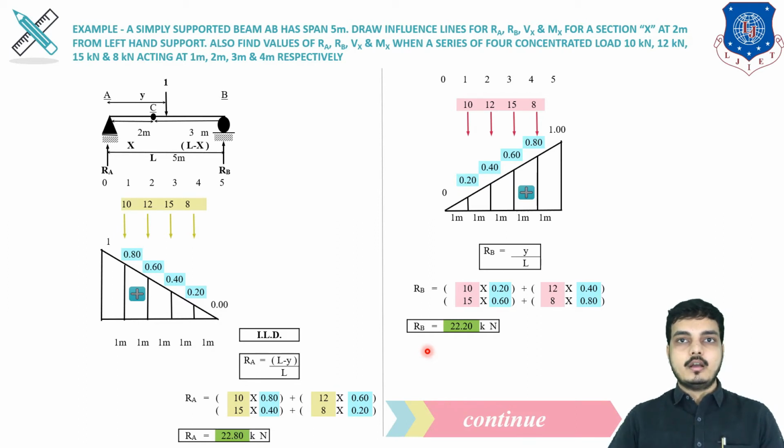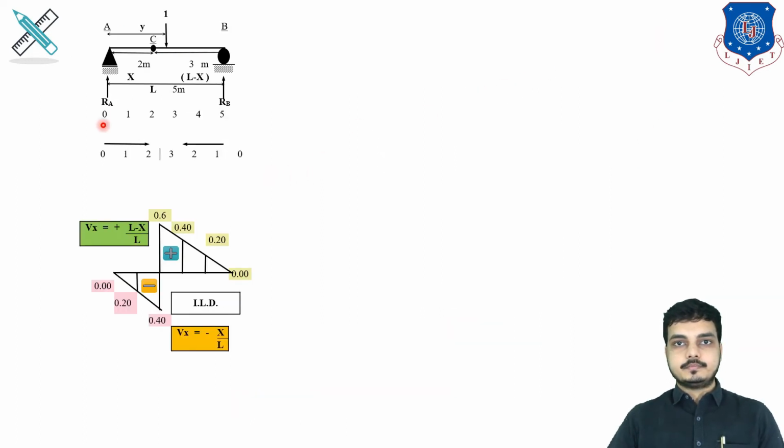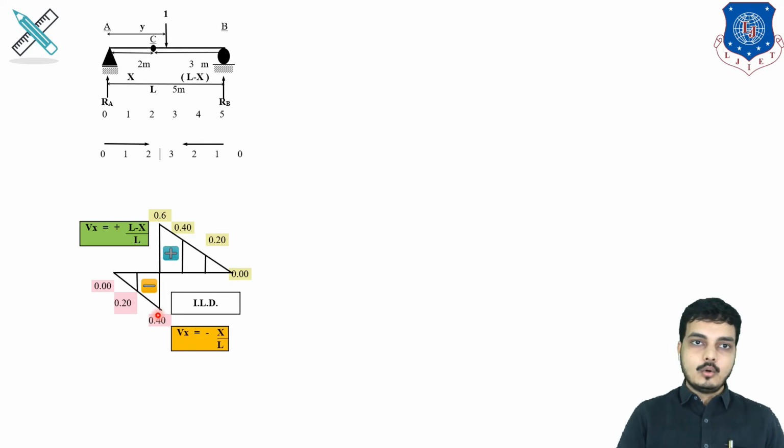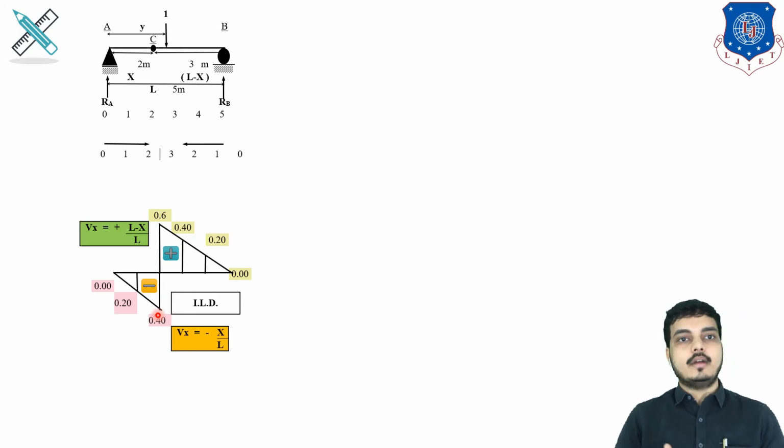Now our next is to find out Vx and Mx for 2 meter interval. So let's see. Now here you can see 2 meter section. So for that 2 meter we have to draw this ILD for Vx, and as I said, the formulas for Vx and Mx are only for peak loads and the rest of the things we have to find out with the help of relation.